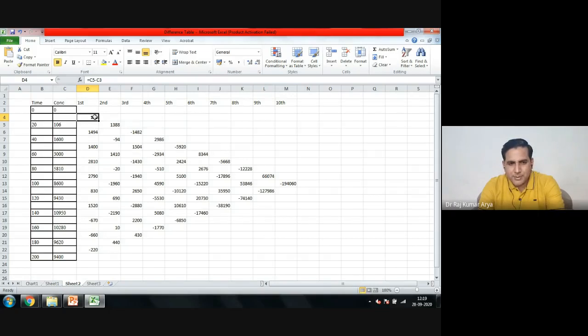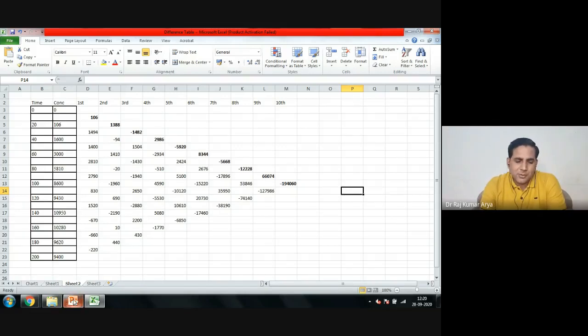So I am making them bold. These values: your delta y naught, delta square y naught, delta cube y naught, and all this. So you have all these values.